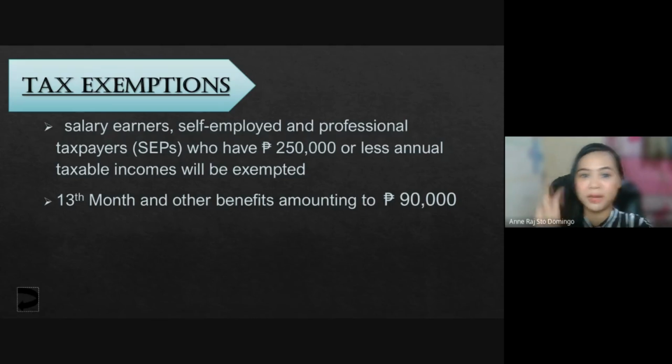Dyan na papasok ng mga taxable and non-taxable benefits. Later on, we'll define each ng mga de minimis benefits na may tax or wala. Okay? Kapag ang inyong sinasahod or ang inyong mga benepisyo ay hindi lumampas ng 90K, dapat hindi yan papatawan ng tax. Okay?